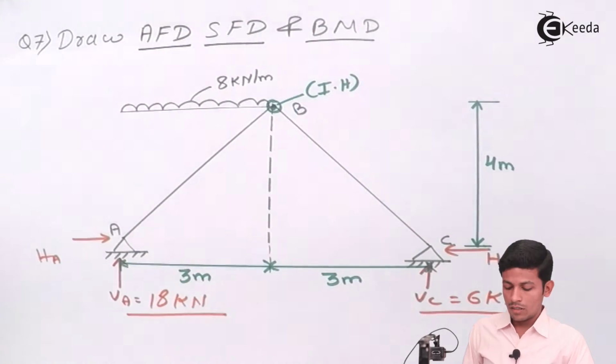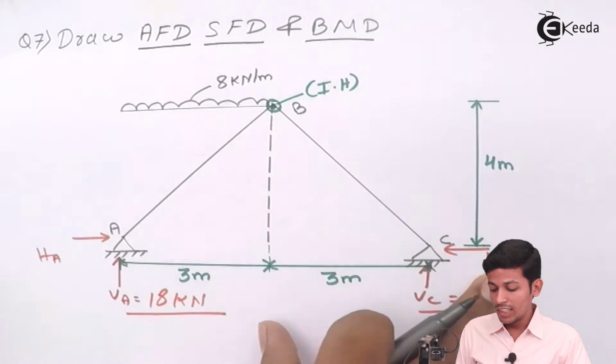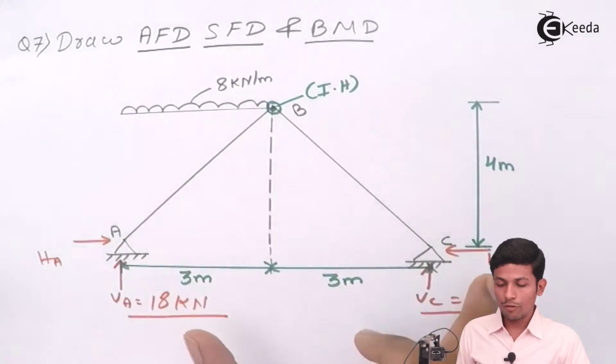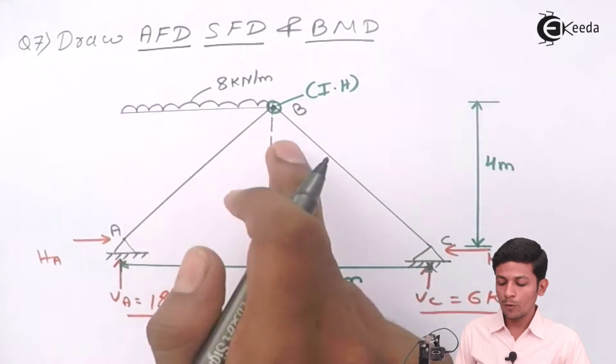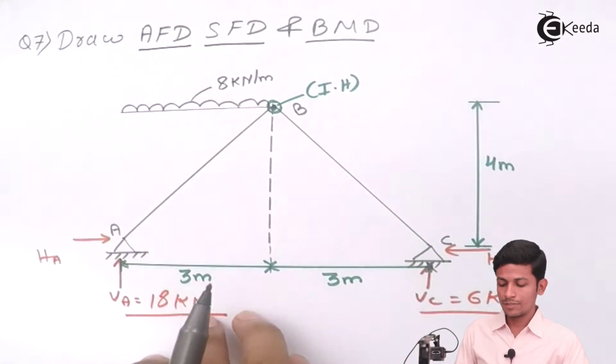We are done with this, but now we have to find HA and HC. The arch is symmetrical, so both H are the same, and for finding this we have to take the bending moment at B, as you solve in arches.